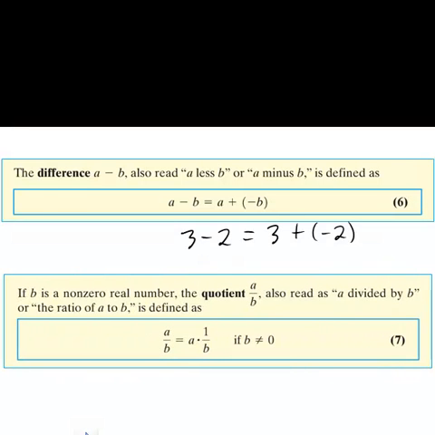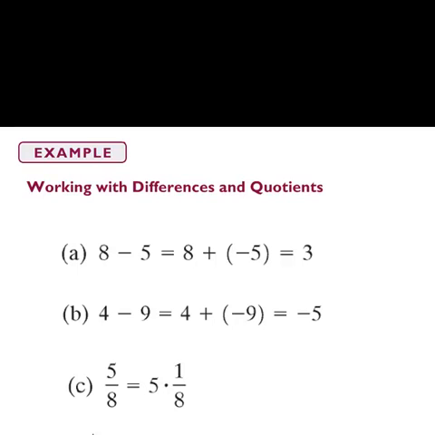Also, if you take A divided by B, you can think about that as A times the multiplicative inverse of B. So 3/2 is the same thing as 3 times the multiplicative inverse of 2, which, by the way, you could write, the multiplicative inverse or the reciprocal of 2 or any other number, with a negative 1 exponent. Moving along here. 8 minus 5 is the same thing as 8 plus negative 5, which is 3. 4 minus 9 is the same thing as 4 plus negative 9, which is negative 5.